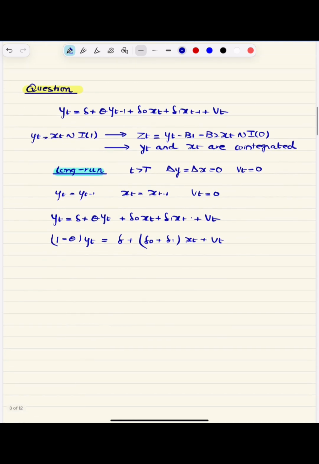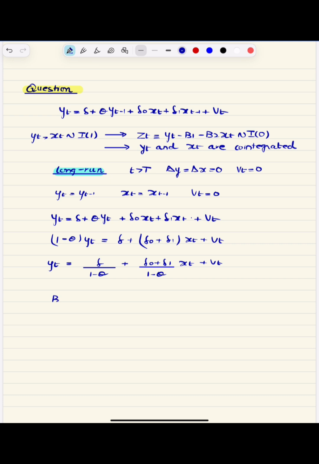Therefore yt is equal to delta over 1 minus theta plus delta naught plus delta 1 over 1 minus theta xt plus vt.